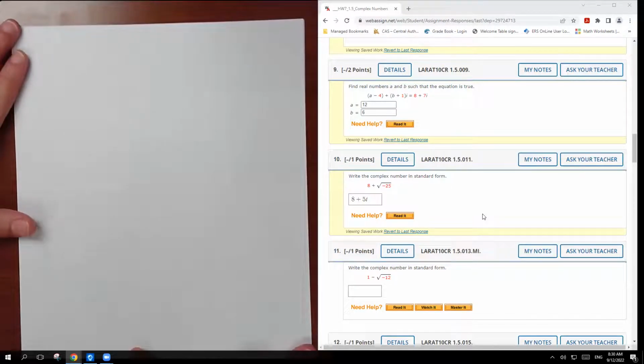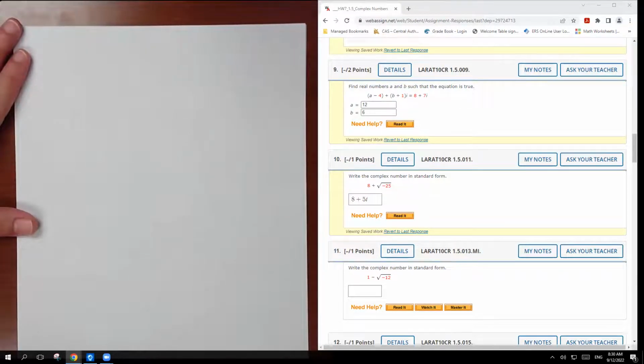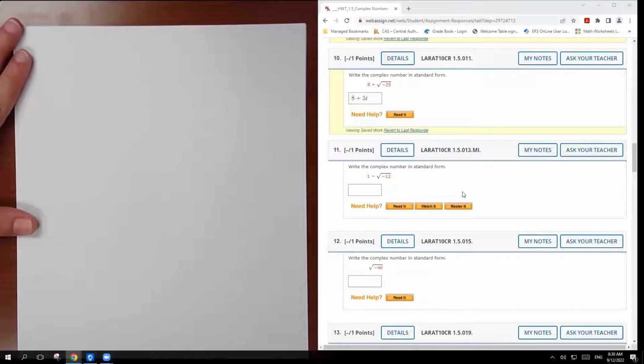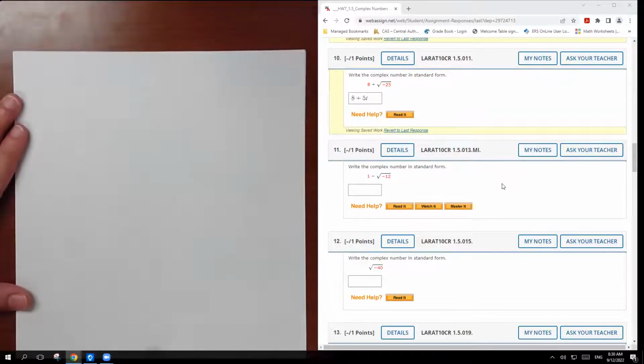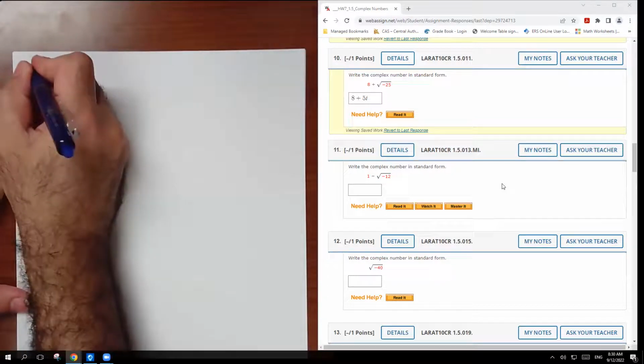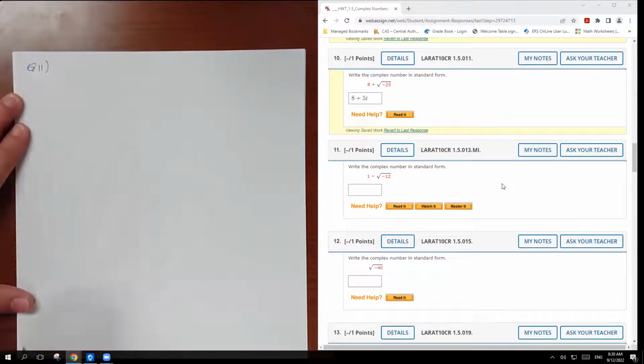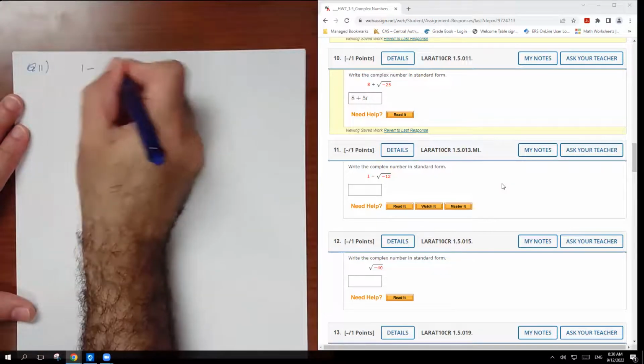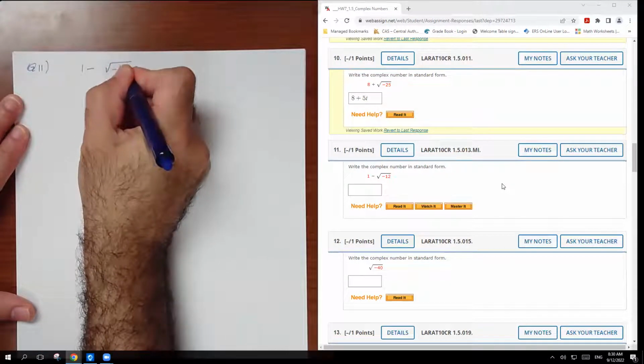The next one, question 11. We're going to write this complex number in the standard form. We're going to do exactly the same thing. So 11 is 1 minus the square root of negative 12.